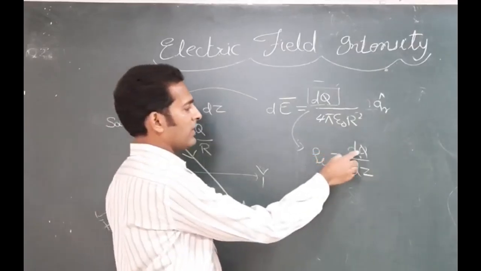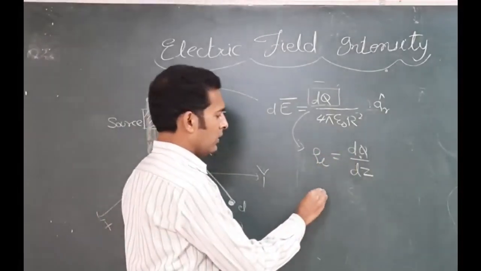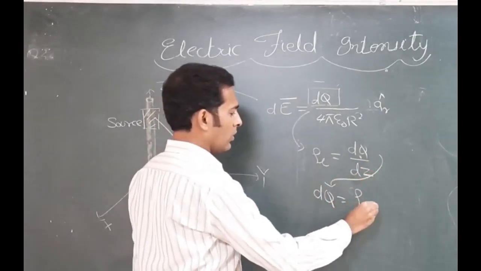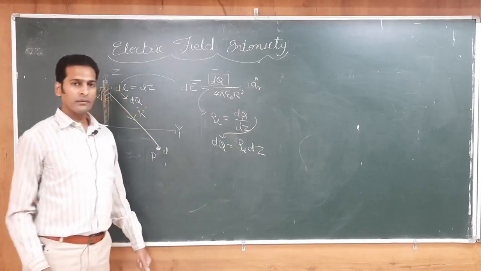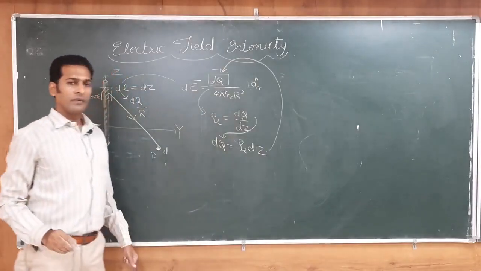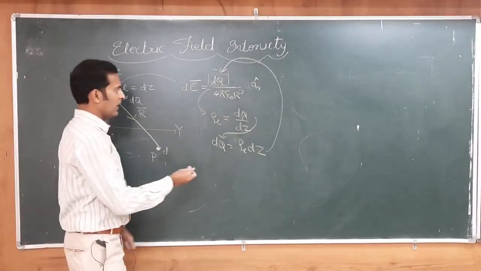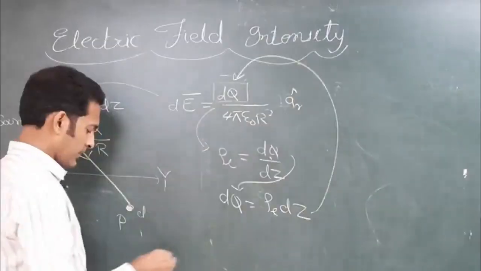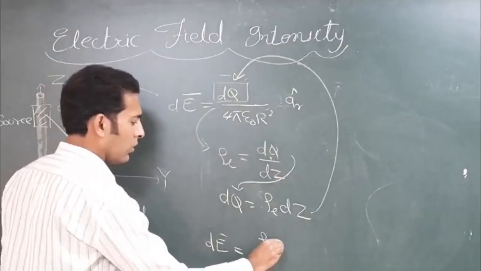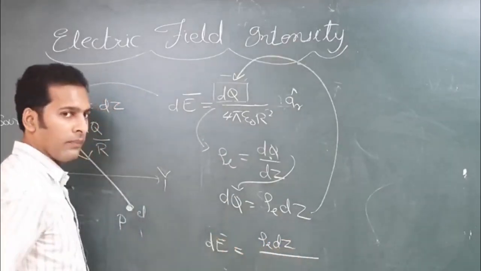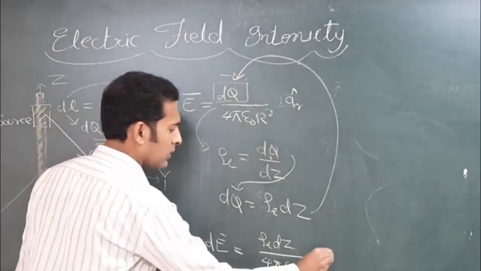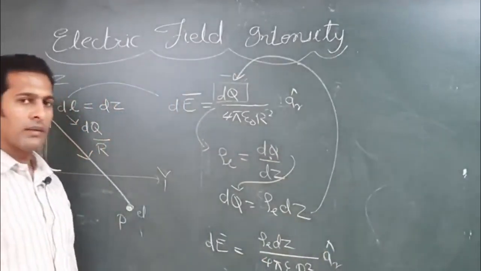From this equation we can say dq is equal to rho L dz. We can put this value in place of dq. So, the expression will be dE is equal to rho L dz by 4 pi epsilon naught r square into ar cap.